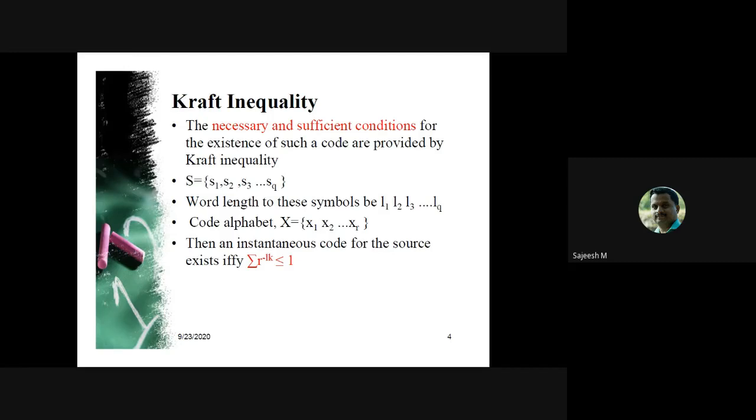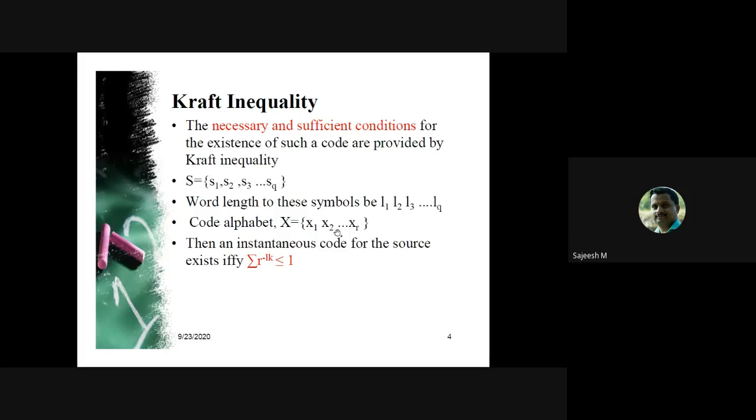Like that, we have taken a source alphabet in which there are Q symbols, and all the symbols are assigned code words having lengths L1, L2, L3, ..., LQ, and the code alphabet is X = {x1, x2, ..., xR}. We are discussing a general criterion, the Kraft inequality.